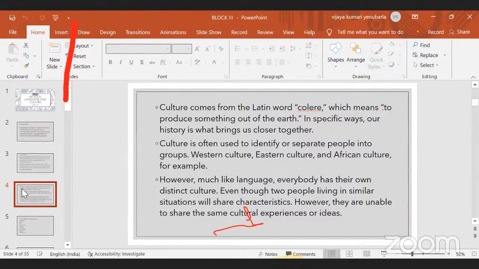However, much like language, everybody has their own distinct culture. Even though two people living in similar situations will share characteristics, they are unable to share the same cultural experiences or ideas.